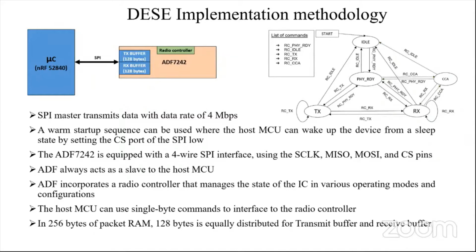What you see on the extreme right top is what we have actually implemented. Okay, you know that it starts with start. You're in idle state. Supposing you want to do a transmission, you go to what is known as the PHY ready state. PHY ready is physical layer ready state, and from there you trigger to a transmit state. You do a transmission, and then you go back to PHY ready state, and then you go to the reception state if you are expecting an acknowledgement.